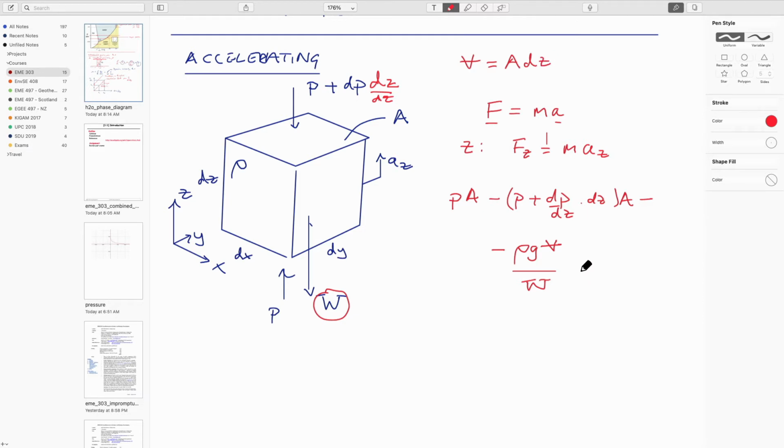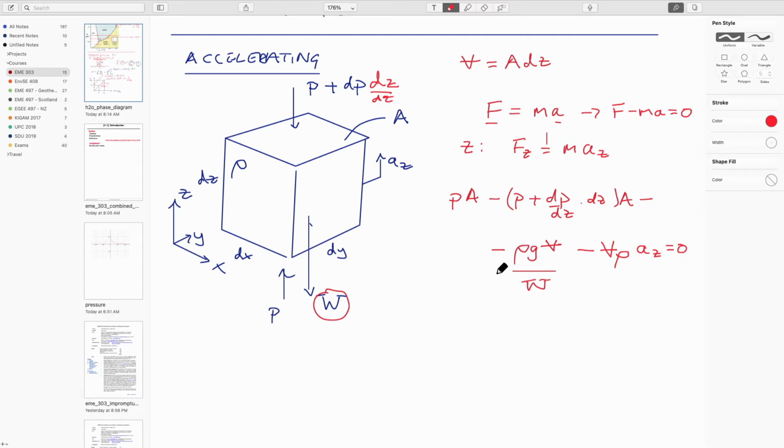And that, we could subtract from that mass times acceleration. So mass would be volume times density times acceleration in the z direction equals 0. So I'm just changing this to equal force minus mass times acceleration equals 0.